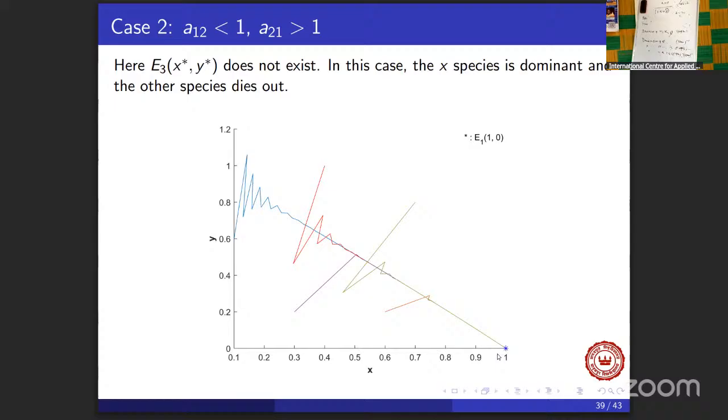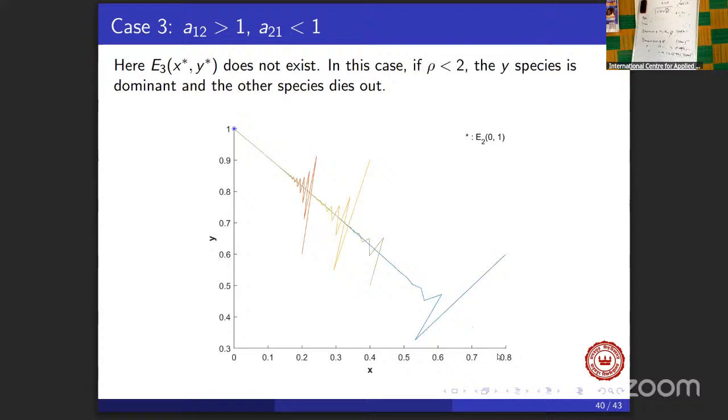At the point x is 1, the system goes to it. That means if competition occurs and the competition coefficient is higher, x dominates over y, and the y species will die out while the x population grows.